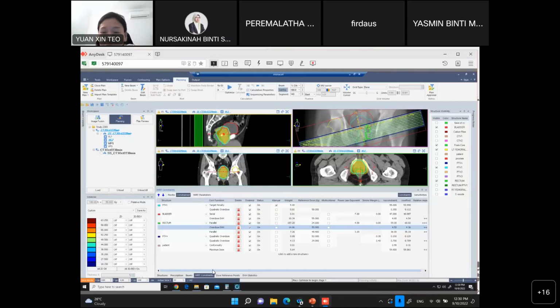Before I go to another 4D technique, I just want to show you the current technology. Before I go to that, are there any other questions?